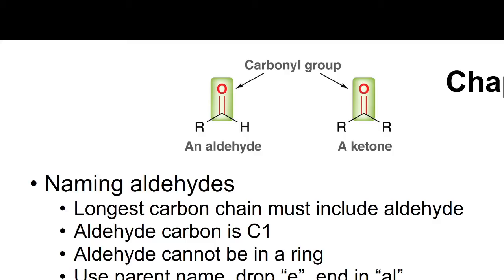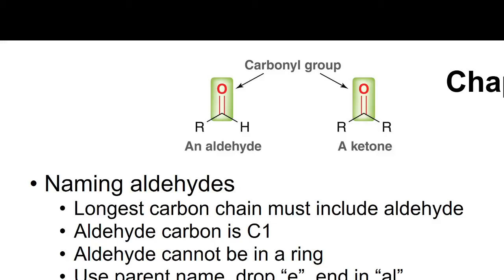When we're naming aldehydes, we want to look for the longest carbon chain, which has to include the aldehyde. And the aldehyde carbon is always going to be C1. So this is our C1. Even though the carbon going across here is 1, 2, 3, 4, 5, 6 carbons, this carbon chain needs to include the aldehyde.